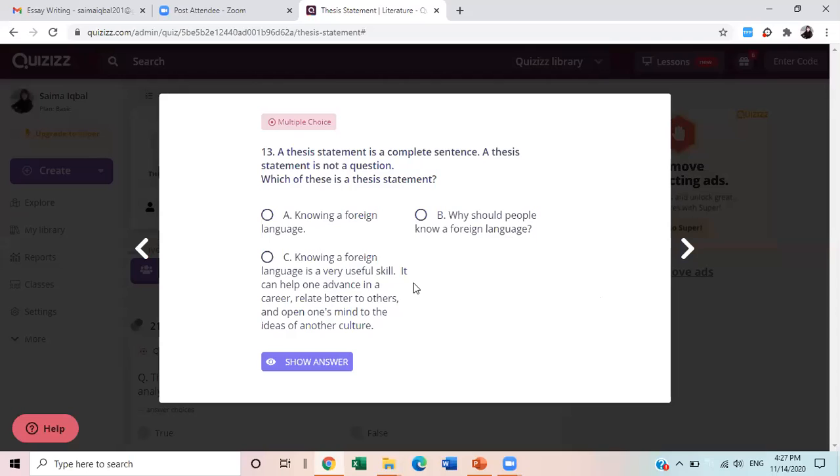Uruj, Madiha, Adnan, they all are responding in the chat box. Thank you so much, because I like interactive classes, even though we are online, and I appreciate your participation. That is a good example of a thesis statement, everybody.